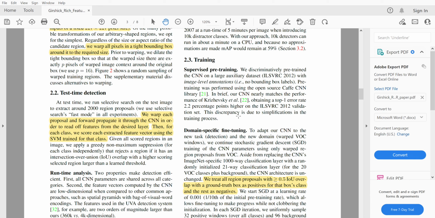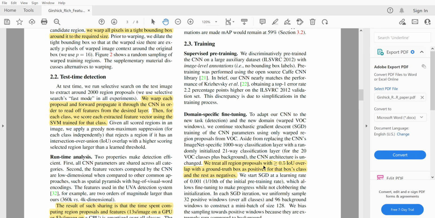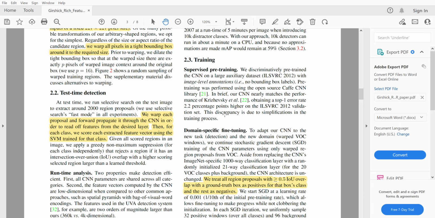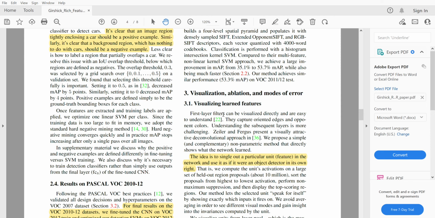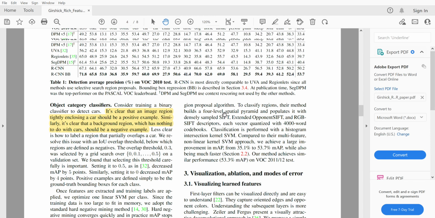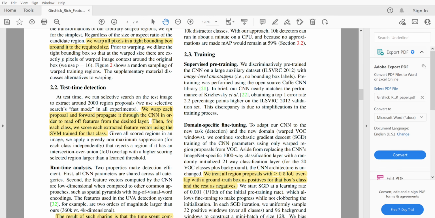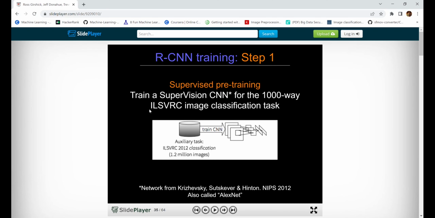So how to train, starting with supervised pre-training? We're going to look at that in a bit more detail. So now we're going to look at the supervised pre-training. So R-CNN training step 1, supervised pre-training: train a supervised CNN for the 1000-way image classification task.